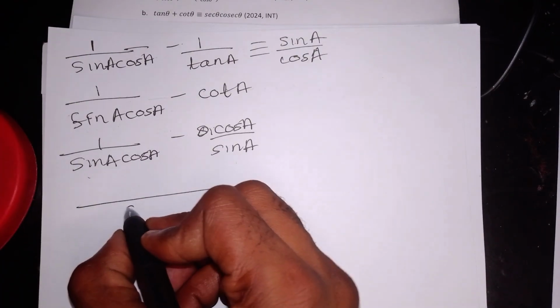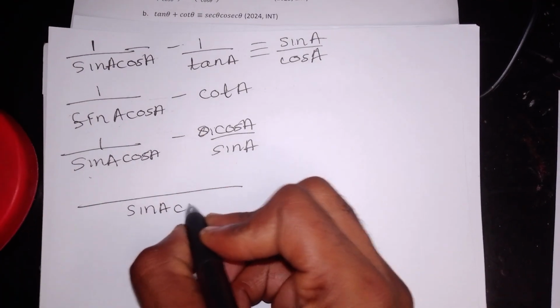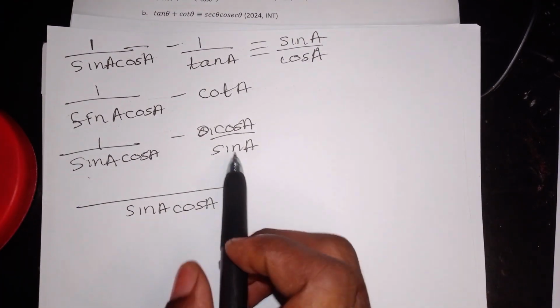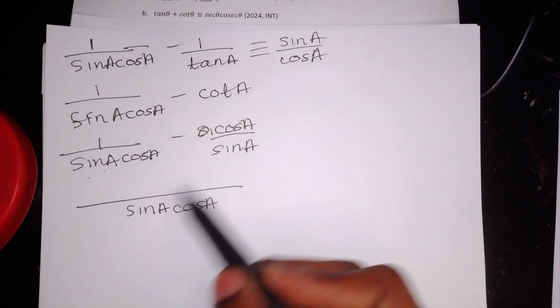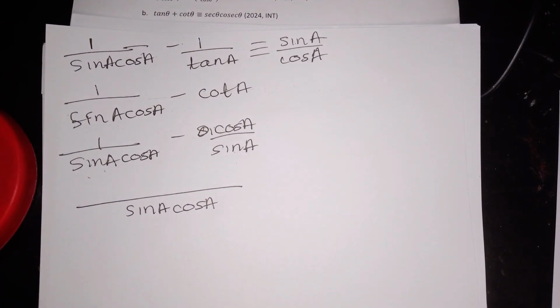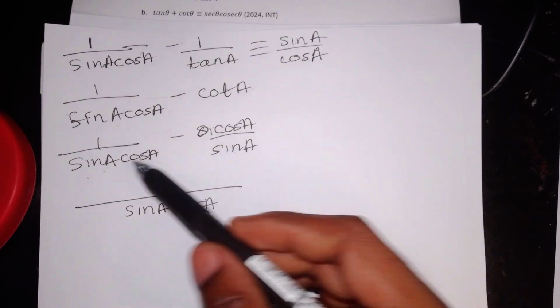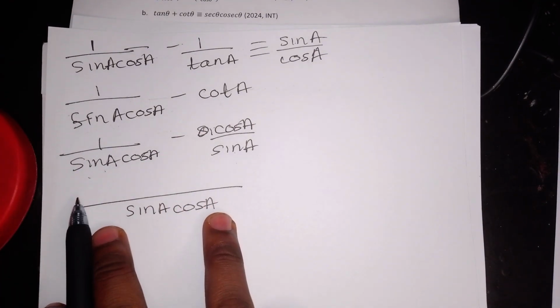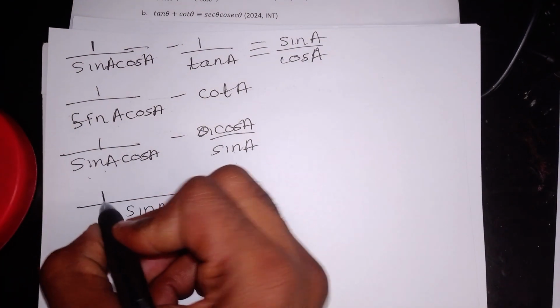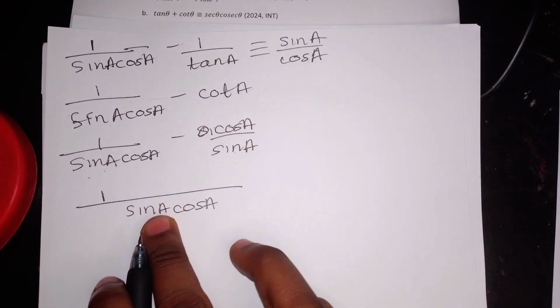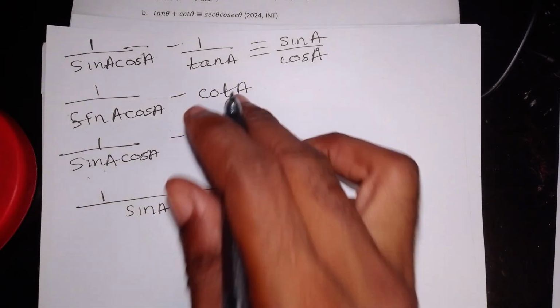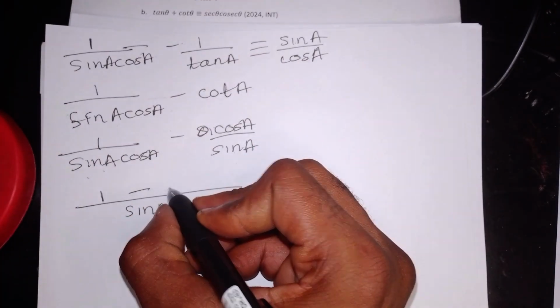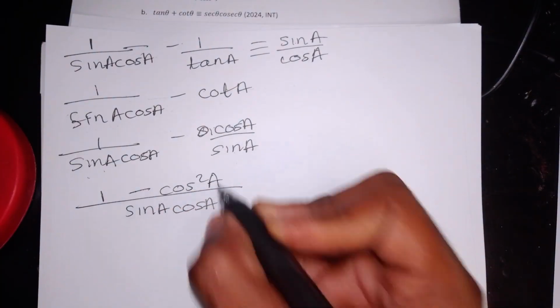The common denominator here is sine A cos A. You don't need to multiply them because sine can still go into this, but it's still solvable if you decide to multiply, except that you increase the number of steps. So this into this, you have the 1 multiplied by 1, that's a 1. And then sine into this, you have the cosine times cosine, you have cos squared A.